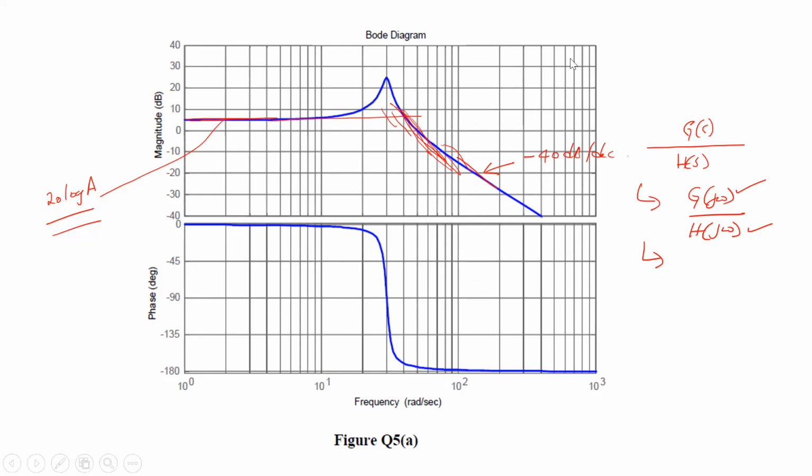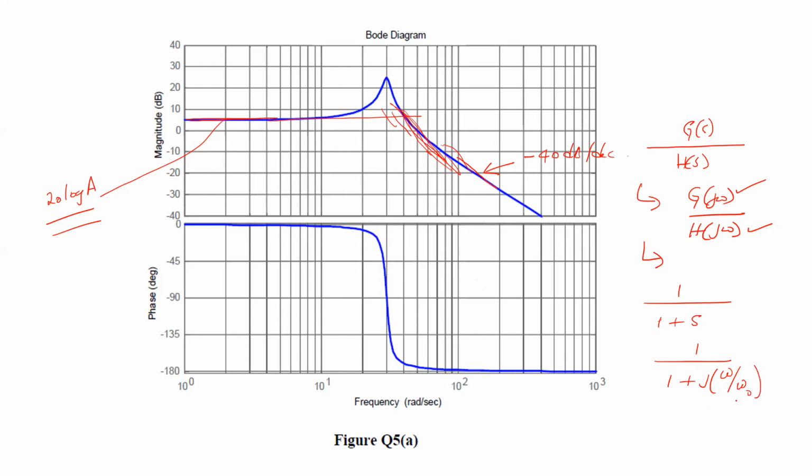Exactly. Exactly. If you remember, if you go back to the first two lectures on the Bode plot, right? If you have a 1 over 1 plus s, you remember you're substituting s equal to j omega, so you get it into the form 1 plus j omega over some omega note inside of here.